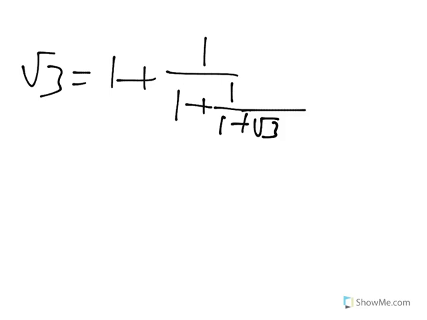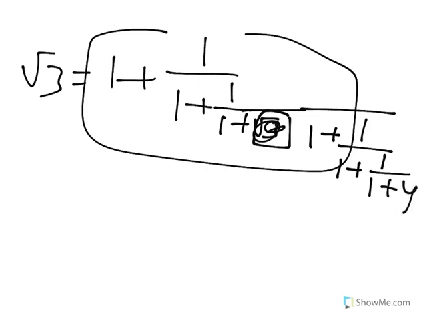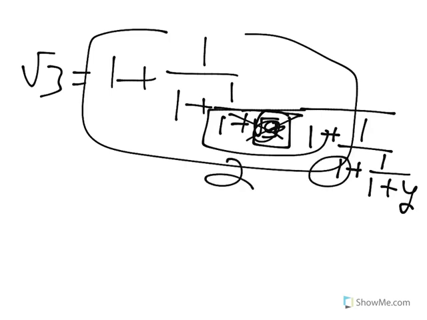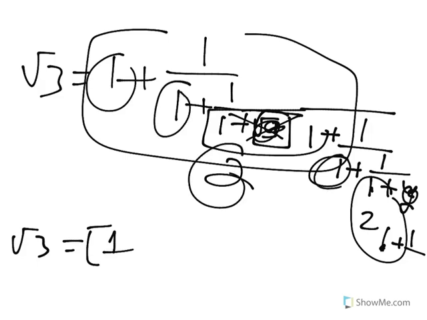Now I can replace this radical 3 with the entire expression, so it becomes 1 plus 1 over 1 plus 1 over 1 plus y. And these two 1's get put together to become a 2, but this one gets to stay a 1. And if I do it again with this y, 1 plus 1 over, these two are going to come together to become a 2. So it happens that the square root of 3 actually turns into 1, 1, 2, 1, 2. It alternates.